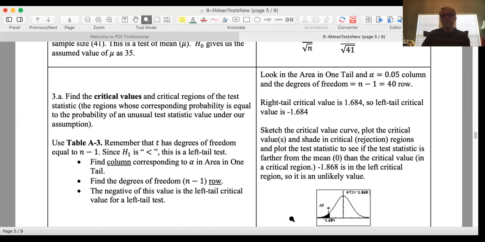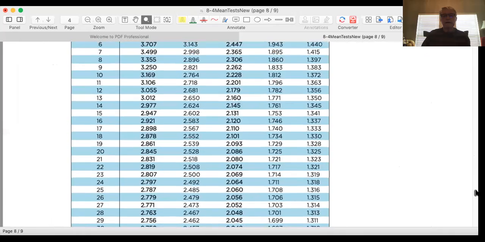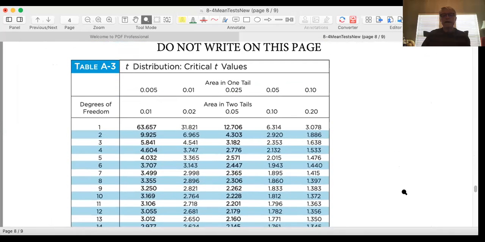So let's take a quick peek at the table. Again, left-tailed test, so we're at area in one tail. Alpha was 0.05, so we're in the 0.05 column.